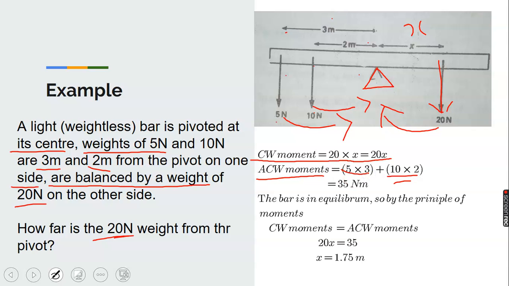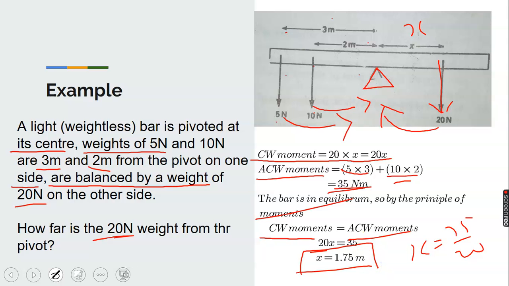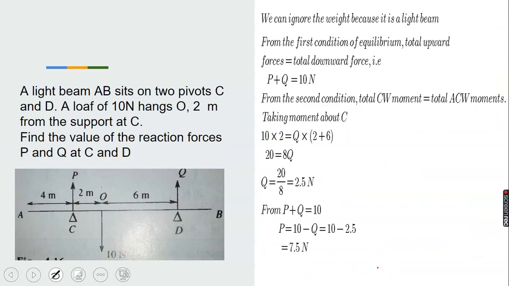When you add them together, it gives us 35 Newton meter. Now the bar is in equilibrium, so by the principle of moments, clockwise moment equals anti-clockwise moment. 20x equals 35. Now x equals 35 divided by 20, which equals 1.75 meters.